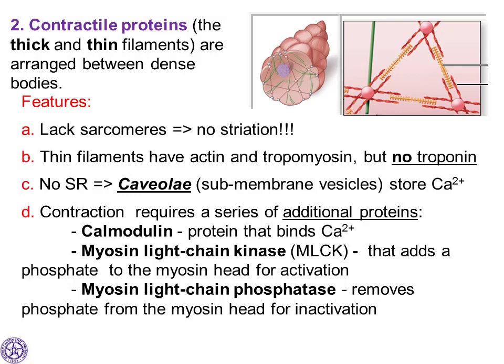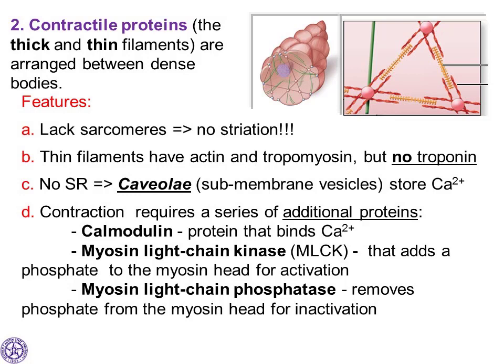So we have the actin and myosin. We even have tropomyosin. But we don't have any troponin. Okay, now we got a problem, right? Because we had to have troponin to move tropomyosin out of the way so we could get a cross-bridge cycle. Well, I'm going to go ahead and give you a little extra piece of information here.